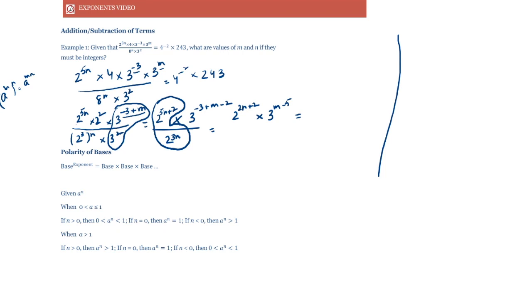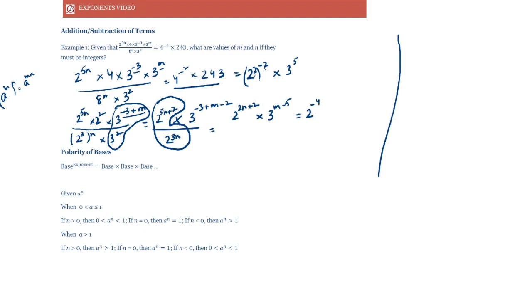Now let's look at the right hand side as well. The right hand side is 4 to the power minus 2. So we can write it as 2 to the power 2 and the whole thing to the power minus 2. These exponents will get multiplied as well, into 243, which is nothing but 3 to the power 5.